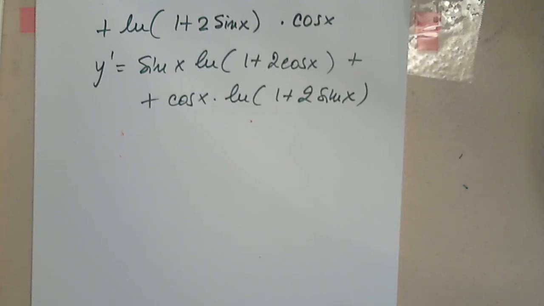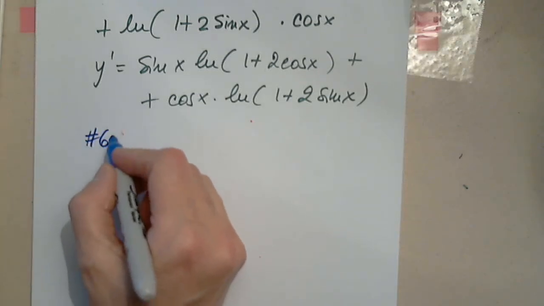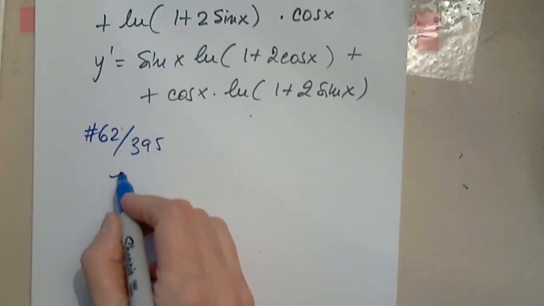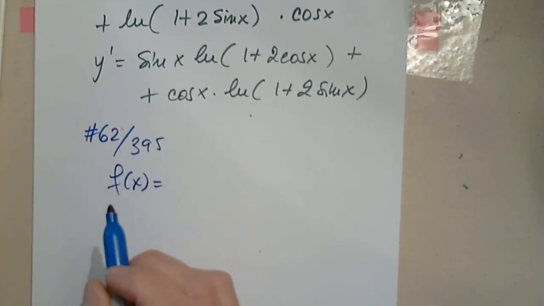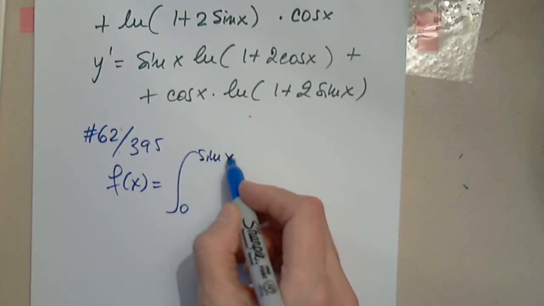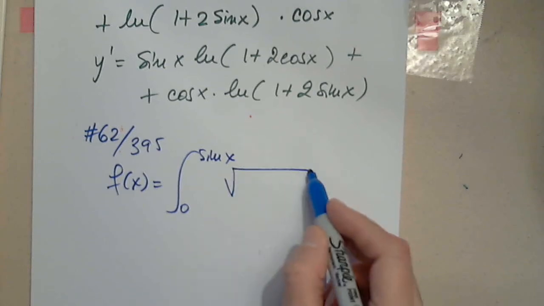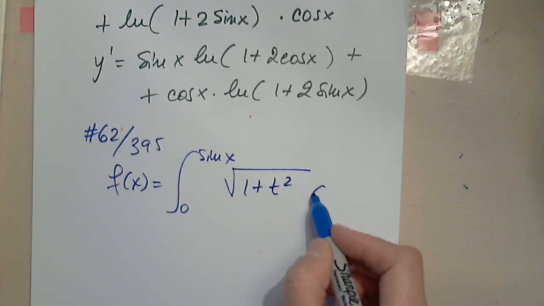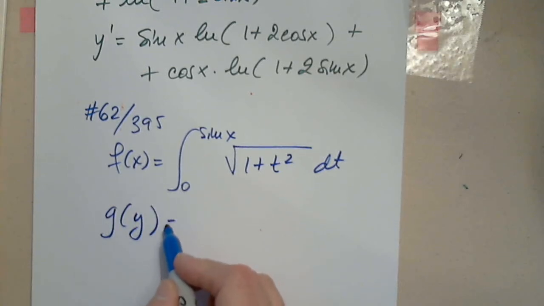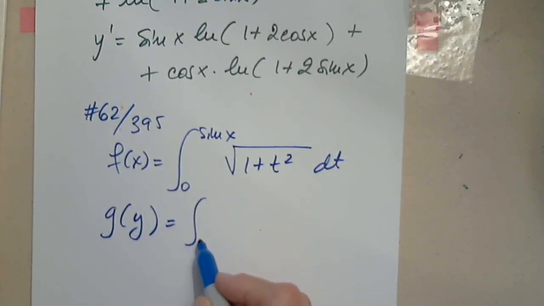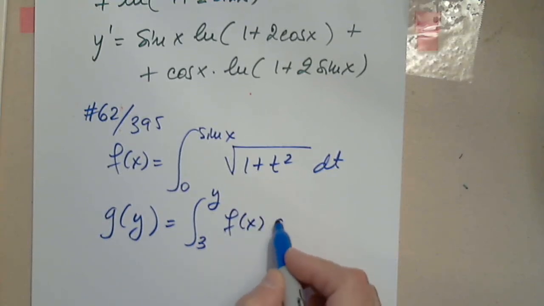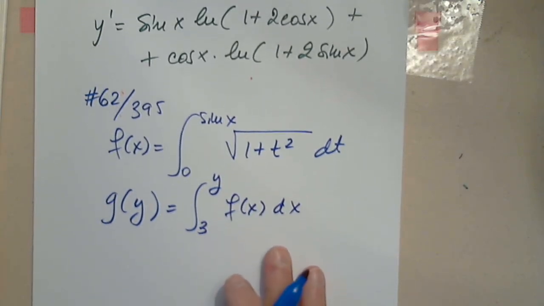Okay, very good. So let's take a look at 62 on 395. I'm copying the problem first. F of x is an integral from 0 to sine x of the square root of 1 plus t squared dt. We are given g of y as being the integral from 3 to y of f of x dx.